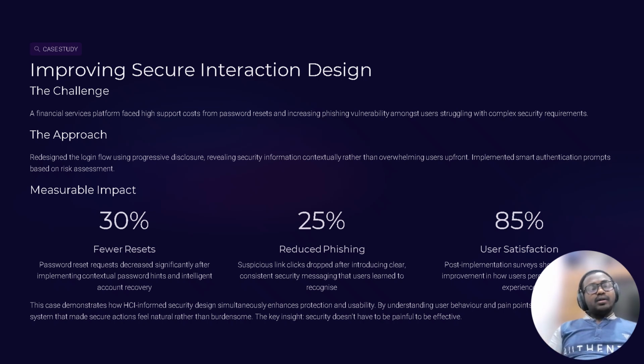The approach: redesign the login flow using progressive disclosure, revealing security information contextually rather than overwhelming the user upfront, and implement smart authentication prompts based on risk assessment. Measurable impact: 30% fewer resets, 25% reduced phishing, 85% user satisfaction.